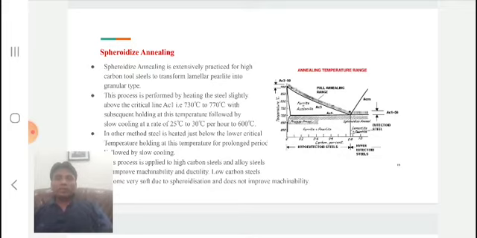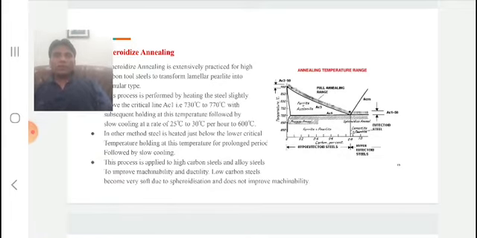This process is applied to high carbon steels and alloy steels to improve machinability and ductility. Low carbon steels become very soft due to spheroidization and it does not improve machinability.